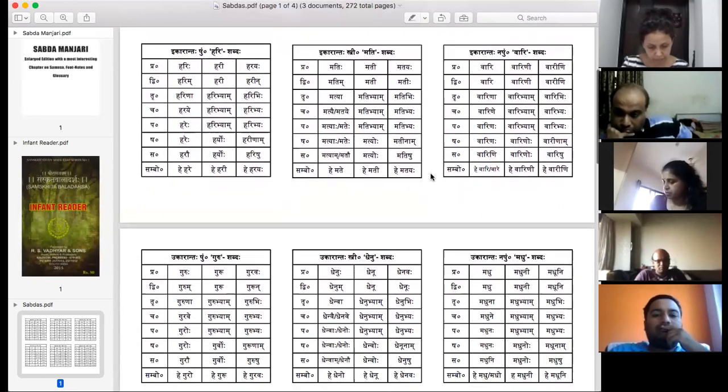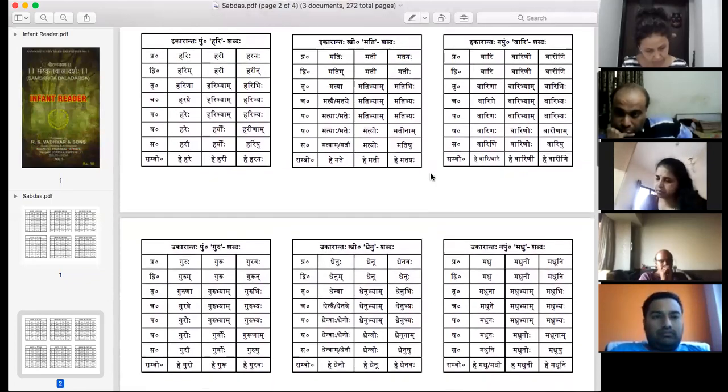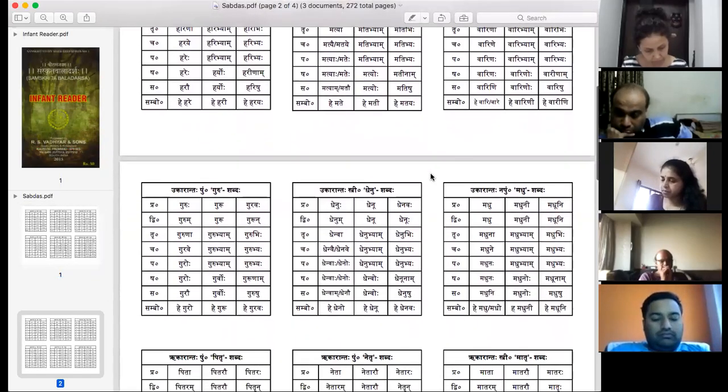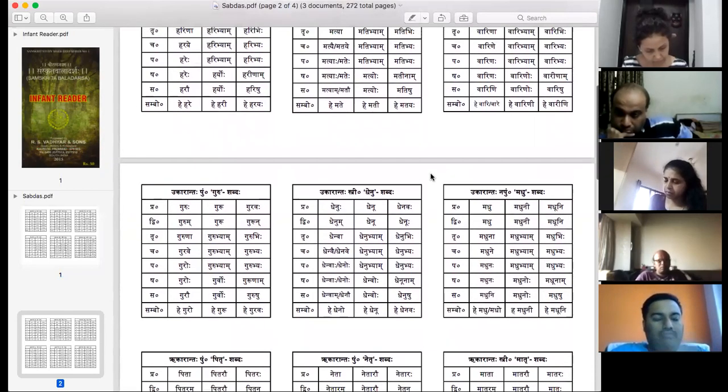So you memorize the shabdas, and then the other shabdas, whatever is necessary, we will learn as we go along. Sometimes it may not even be necessary to memorize them. But over a period of time, you will understand how to really look at these words. So what we are trying to do here is trying to understand how to look at words. It's a very, very unique way of looking at words.